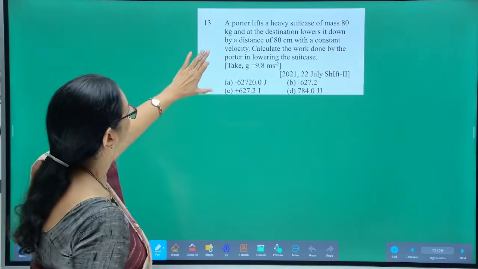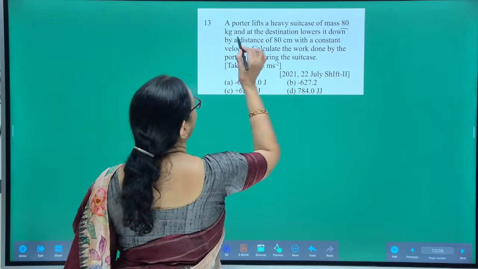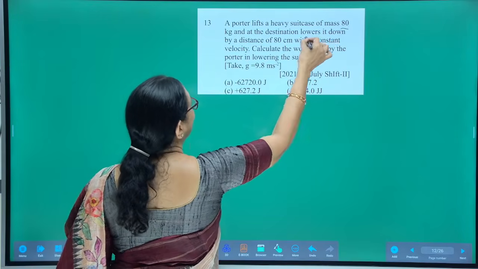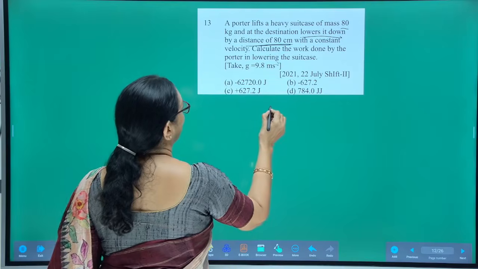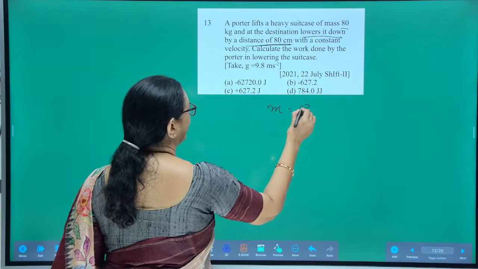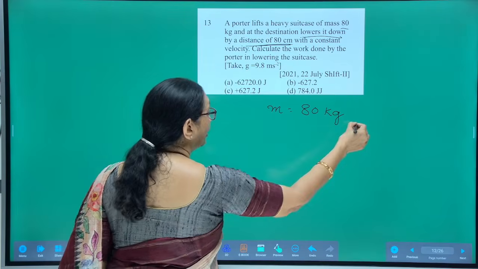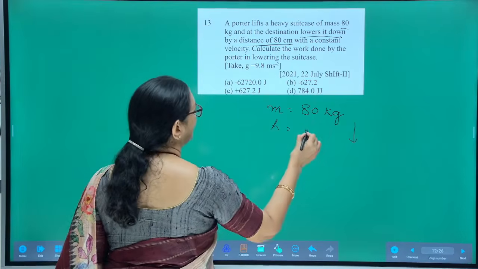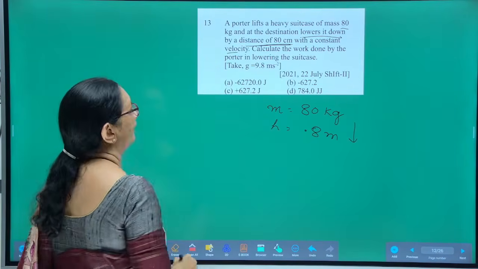Look here, a porter lifts a heavy suitcase of mass 80 kg at the destination and lowers it down through a distance of 80 centimeters. Mass of the suitcase is 80 kg and that is lowered through a distance of 80 centimeters, that is 0.8 meters, with a constant velocity.